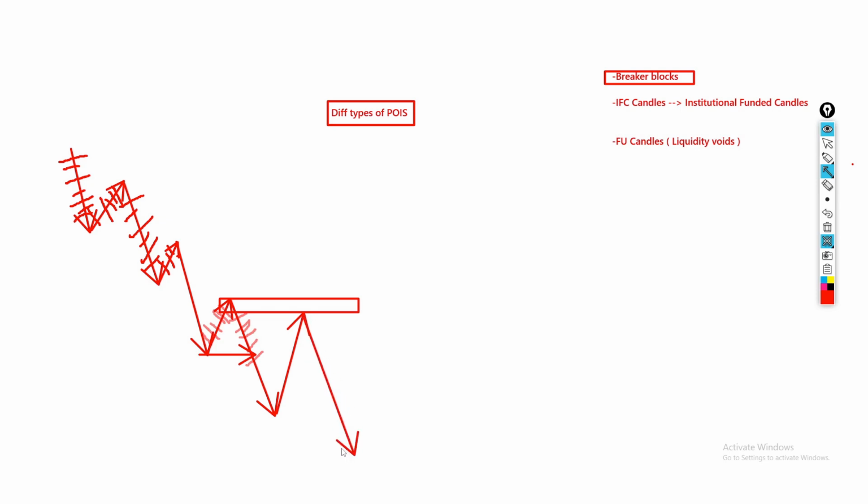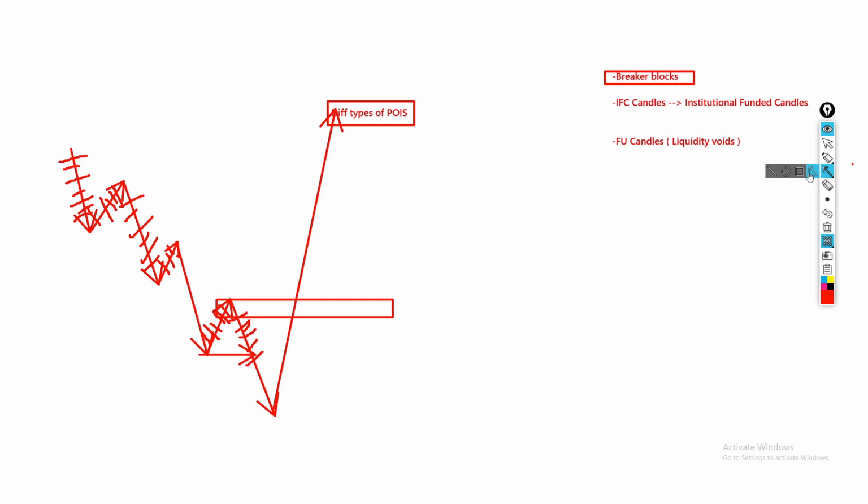Well, this is actually where the breaker comes into play, right? So let me get rid of this particular arrow. Let me keep the bearish order block that you could potentially have at this area. If price did something like this, very impulsively, leaving a ton of imbalance on the way up, this is now known as your breaker block.